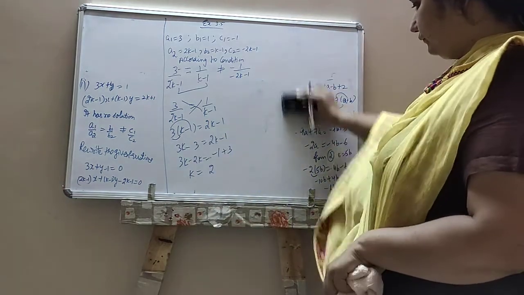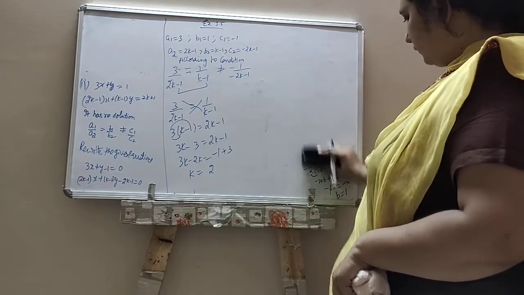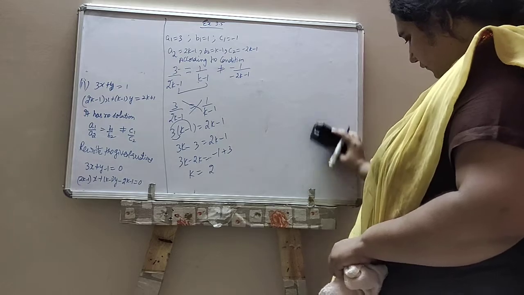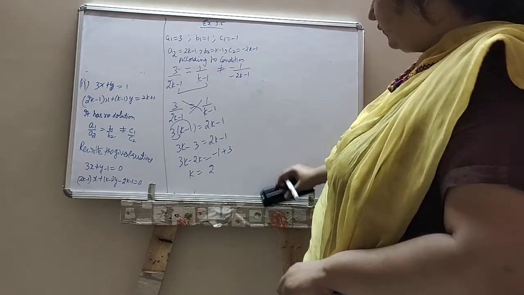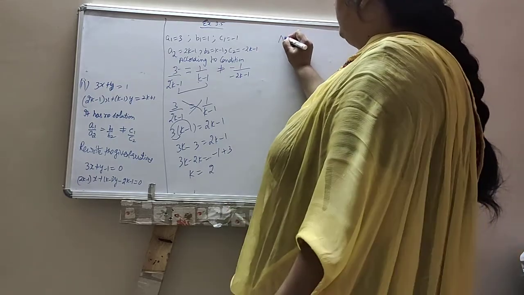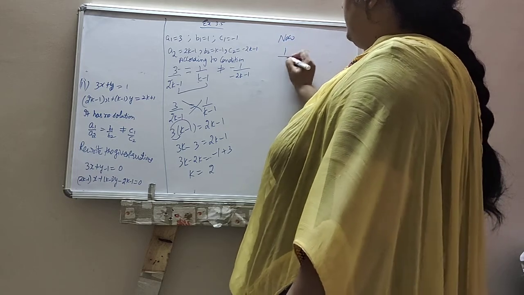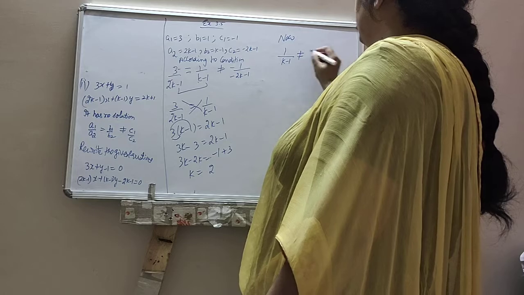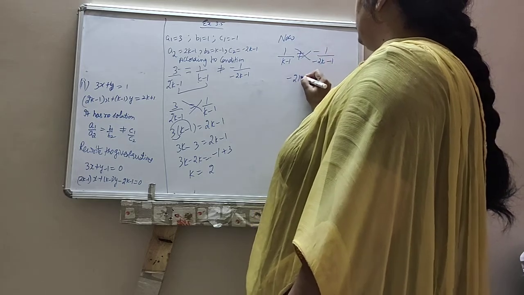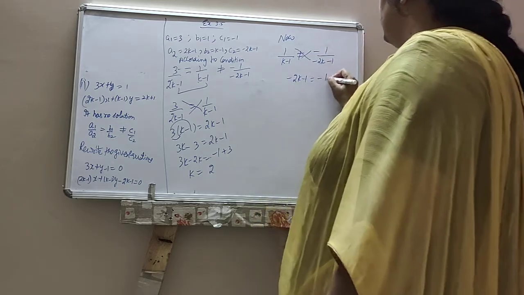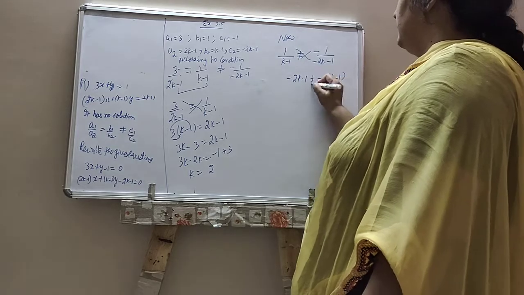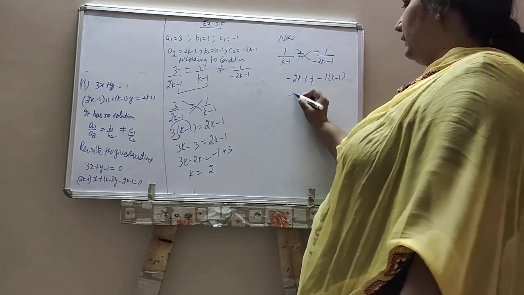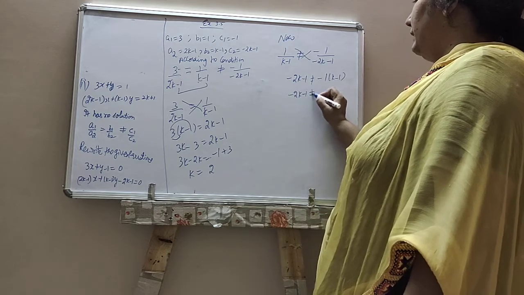Now, 1 by k minus 1 is not equal to minus 1 by minus 2k minus 1. Cross multiply. It is better we write the not equal to sign because it is in our condition.